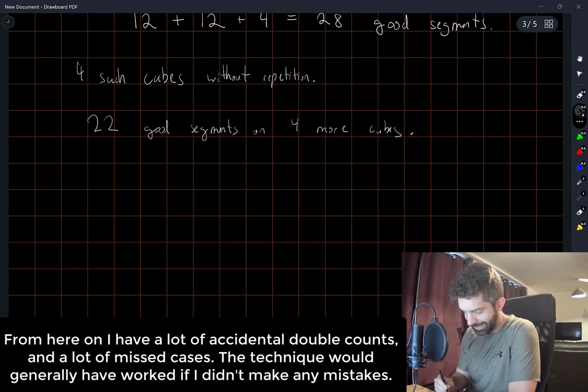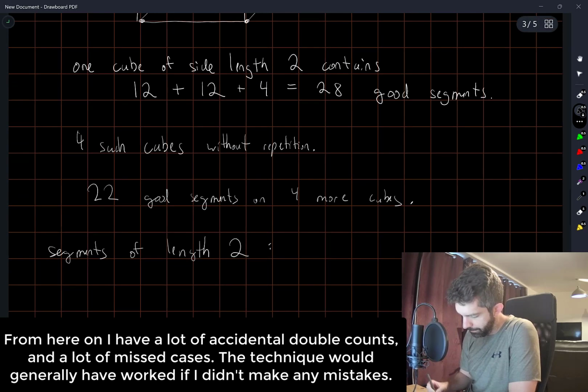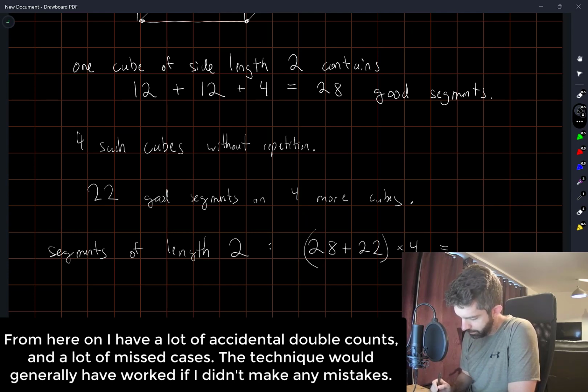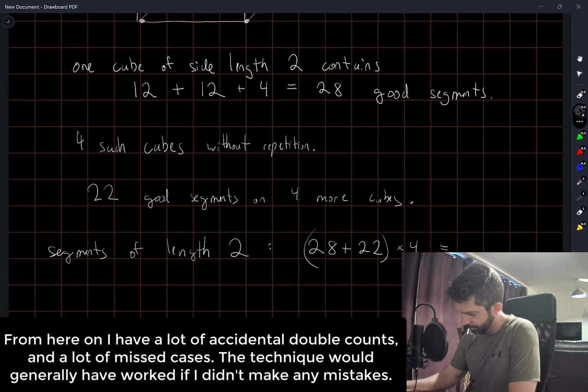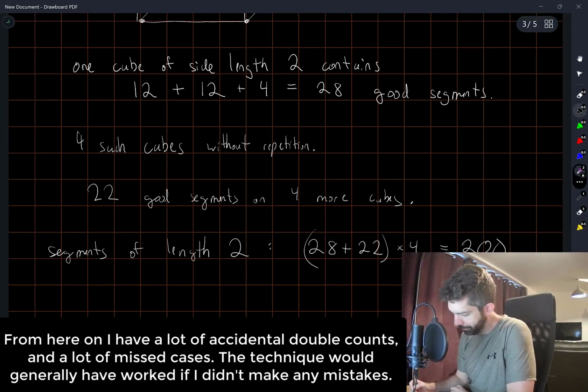Okay, so segments of length 2 is 28 plus 22 times 4, which is 200. And when I say length 2, I mean in the infinity norm.